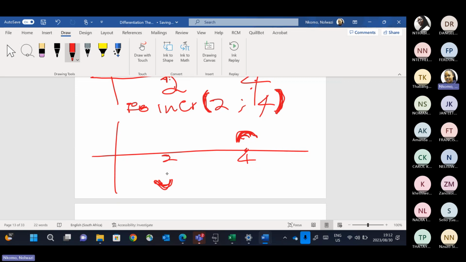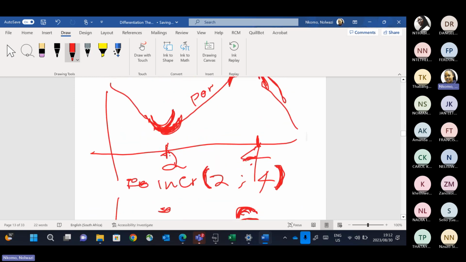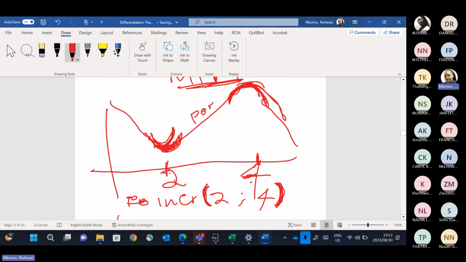Maybe this one is here, and then this one is here. What I know is that the corresponding value of this point is lesser than the corresponding value of this point. That's why I decided to put this one below this one.